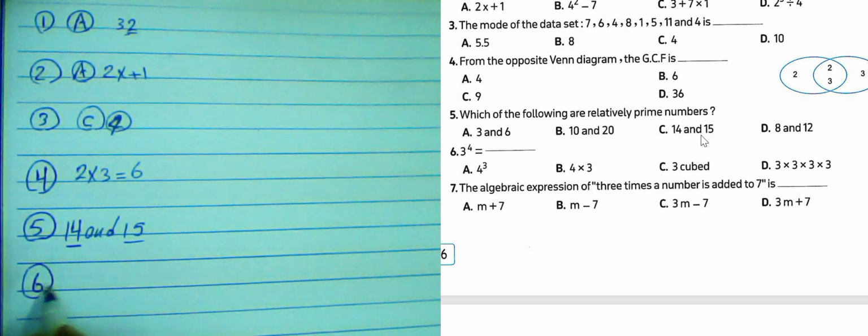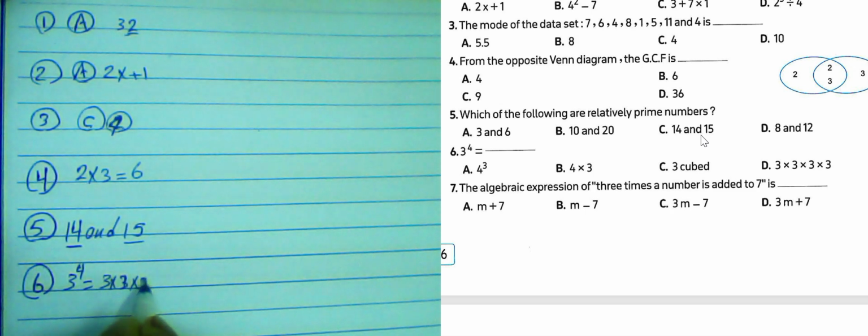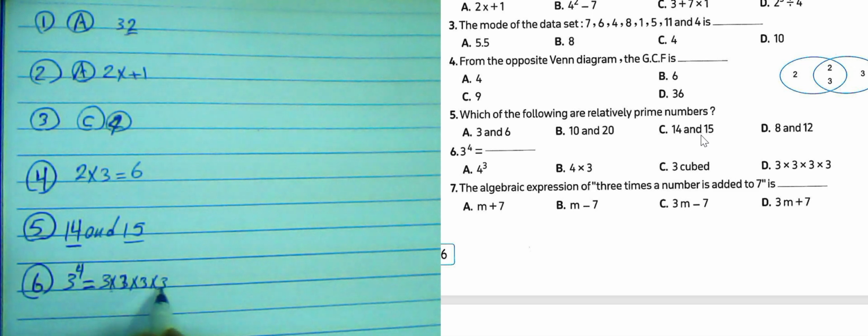Next, question number 6. 3 power 4 means 3 multiplied by itself 4 times. 3 power 4 is 3 times 3 times 3 times 3.